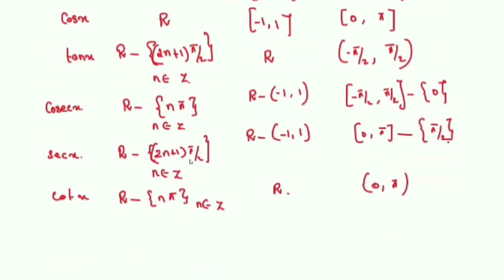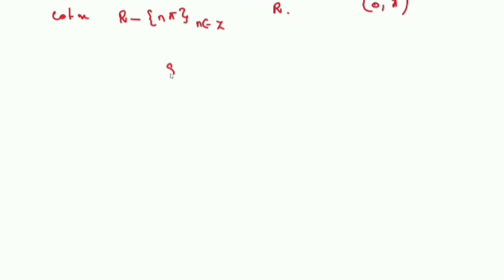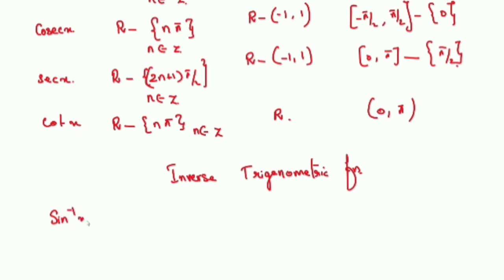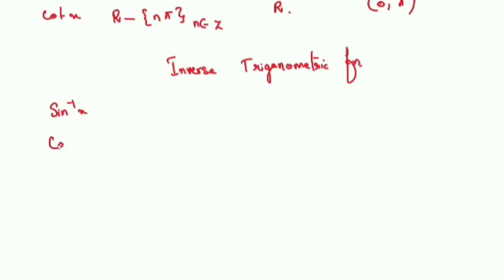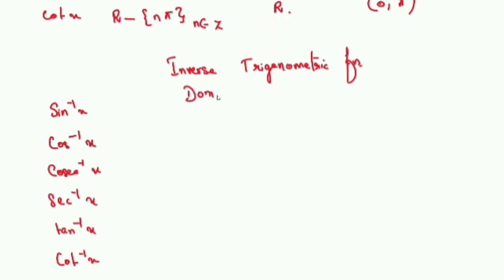Now the inverse function. So to find the inverse trigonometric functions, sine inverse x, cos inverse x, then cosecant, secant, tan inverse, cot inverse x, we need a domain and we need the range.